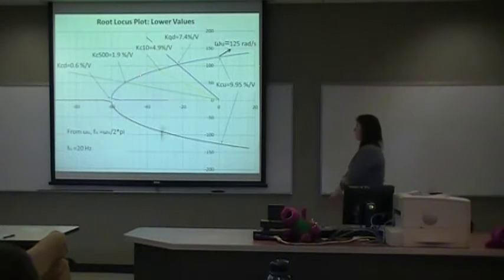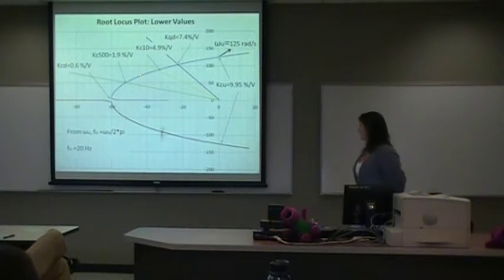Here we have for the lower range, and again, there's all those values of gain, and as you notice, the critically damped is about 0.6% per volt, and then the ultimate is about 10% per volt. From that value, we get an ultimate frequency, 125 radians per second, which is about 20 hertz.